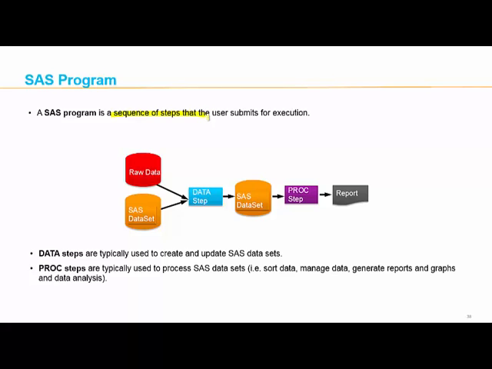The SAS program majorly consists of two parts: one is a data step, as we have seen earlier, and the other is a proc step. Whenever you want to import any data into SAS, or import data from a SAS table which is already present, that is done with the help of a data step.